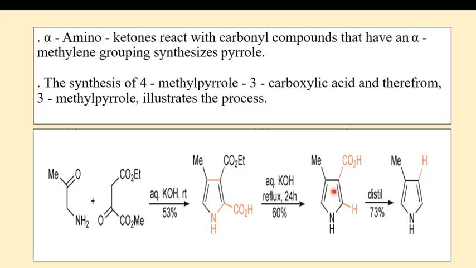So in the final step, there is a conversion of 4-methyl pyrrole-3-carboxylic acid to 3-methyl pyrrole. This reaction gives 73% yield after distillation and removal of one carboxylic group.